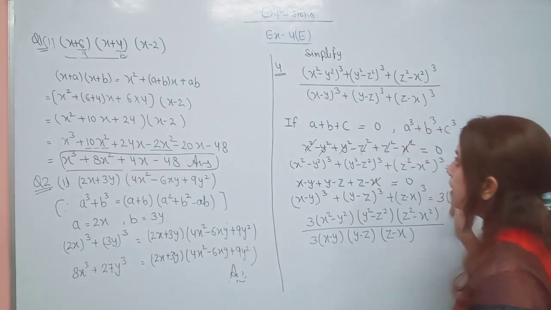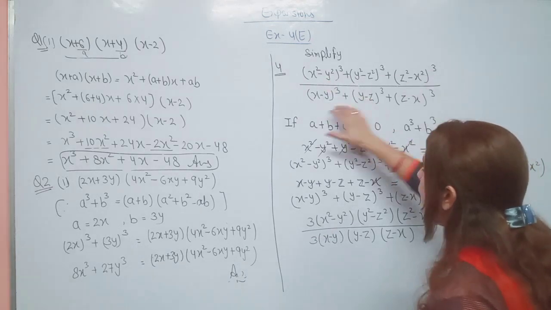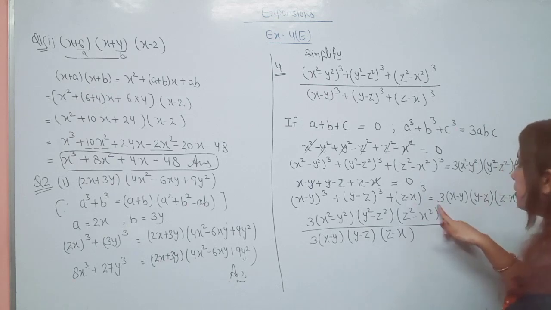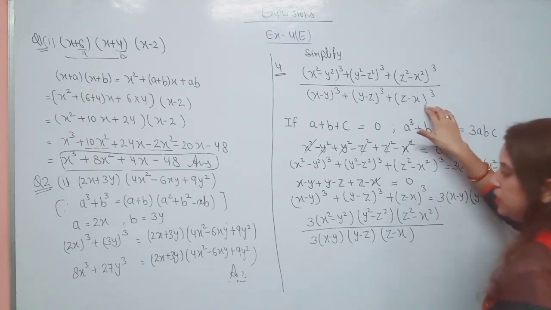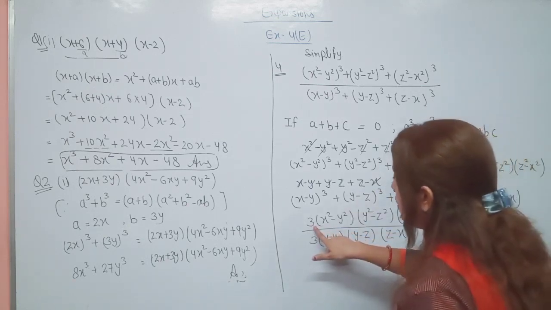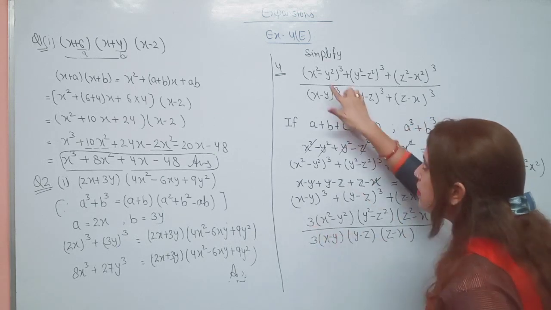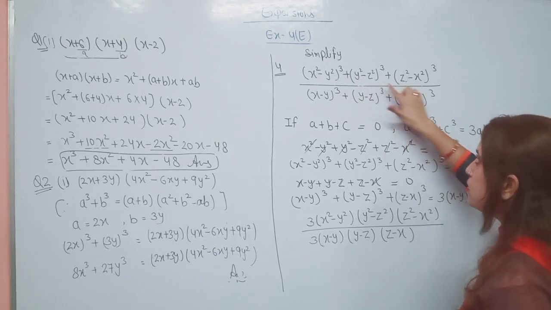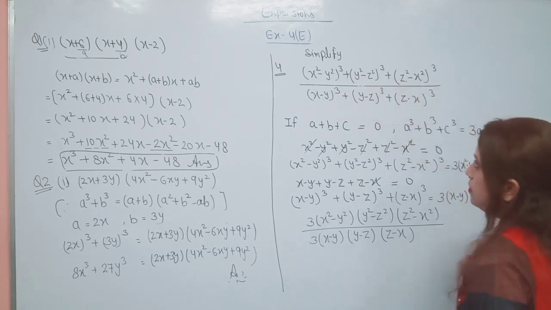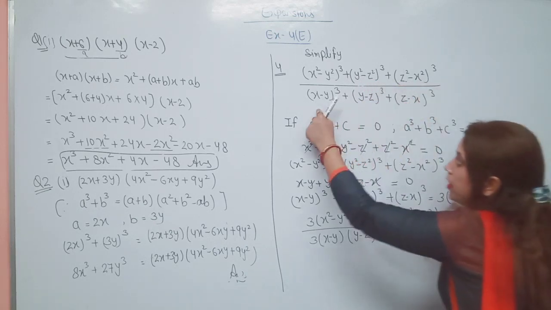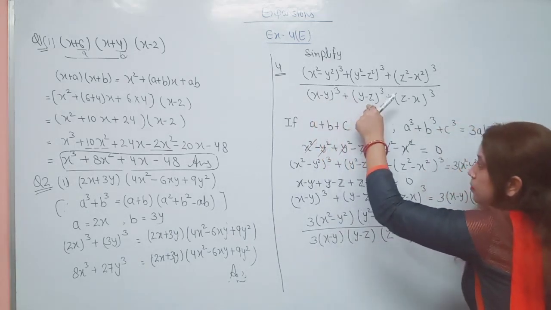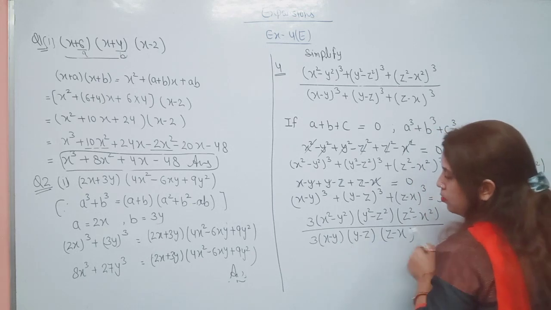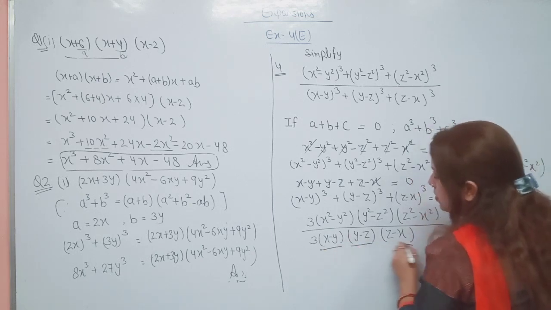Now in place of the numerator and denominator, we can put 3abc for both. So the numerator will be 3 times (x² − y²)(y² − z²)(z² − x²). For the denominator, a is x − y, b is y − z, c is z − x, so 3abc.